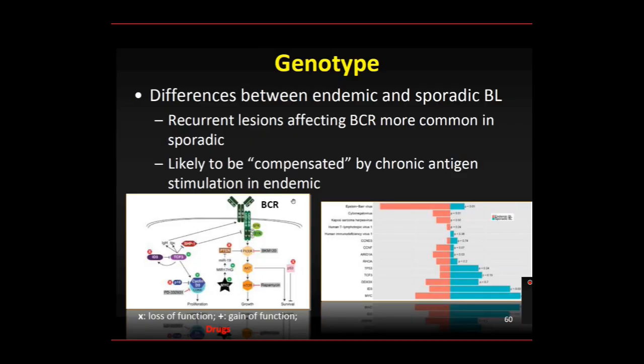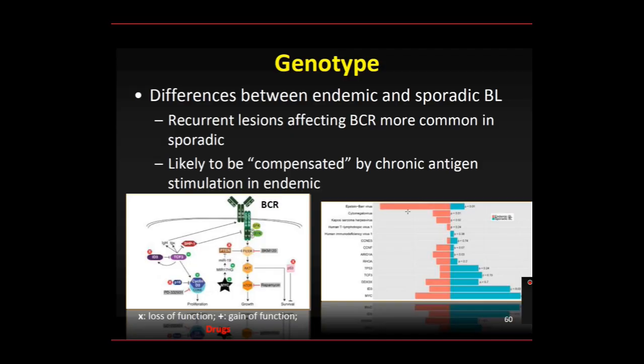Very interestingly, if you study sporadic and endemic cases, let's make it more simple, EBV positive and EBV negative cases, you can see that those mutations are much more frequent when there is no virus and less frequent when you have the virus. Meaning that even though we don't know exactly how, the virus is mimicking, determines, or is probably just associated with a richer antigen stimulation in the African setting.